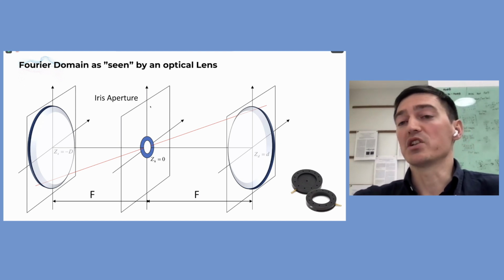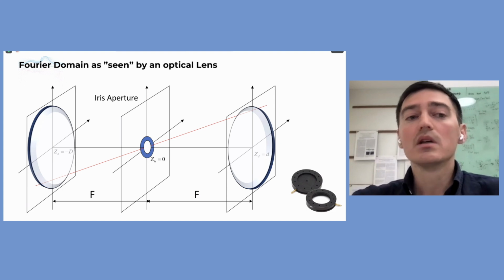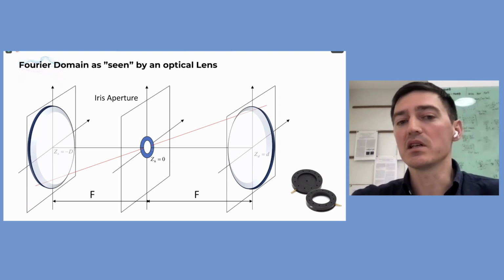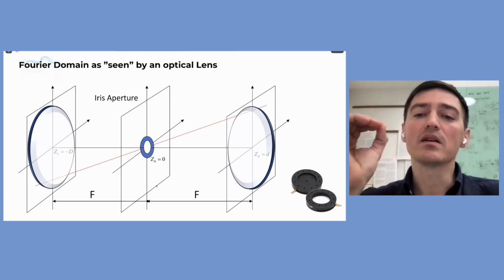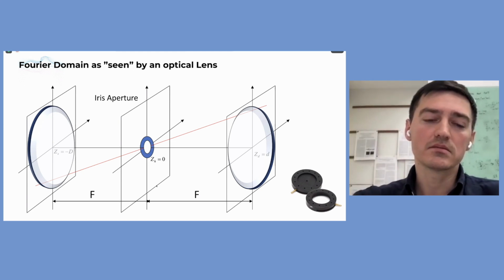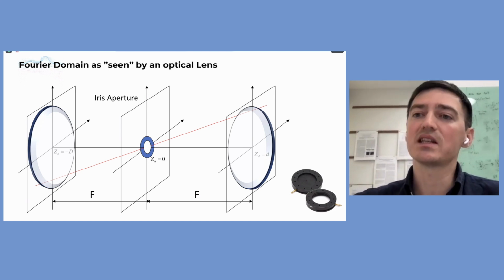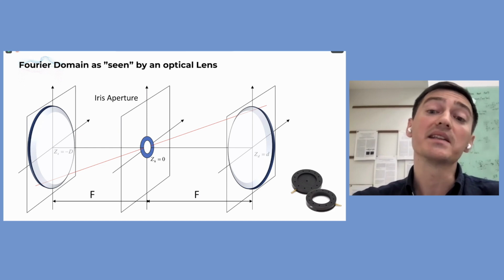And obviously, if you want to have sharp imaging, you would want a lens that brings that high frequency into the pupil of the imaging system, so that the high frequencies still enter the pupil of your lens.